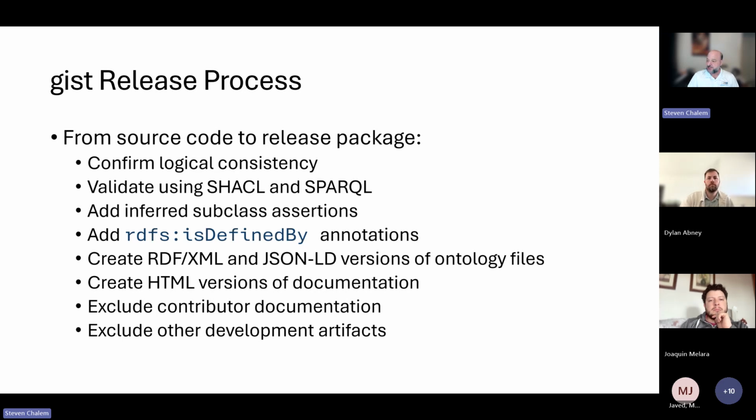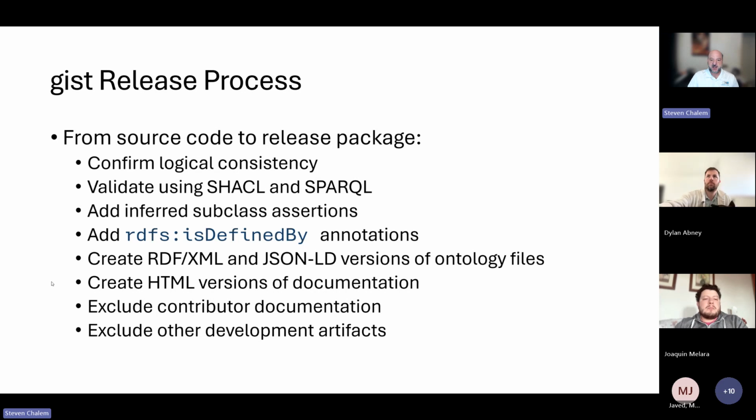Generally our annotations use SKOS, but there are tools that rely on having RDFS. So we add RDFS isDefinedBy annotations to everything that's declared in GIST, so that these are traceable to where they come from.